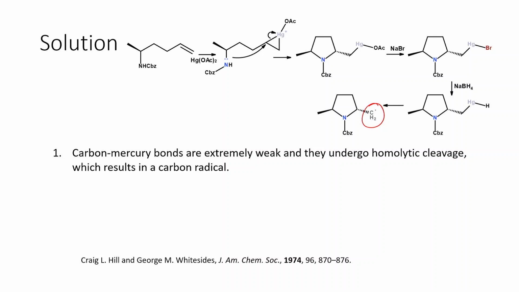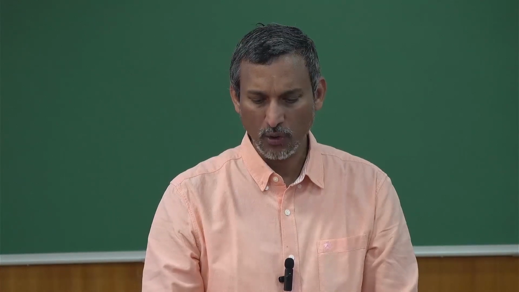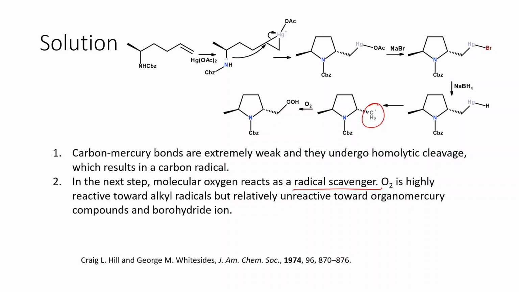And once we have the alkyl radical, the next step is reaction with oxygen. The molecular oxygen again is a diradical. We have a radical in our reaction system, and we have a diradical which is the molecular oxygen. So these two react to give the product as shown here. Oxygen here behaves like a radical scavenger.